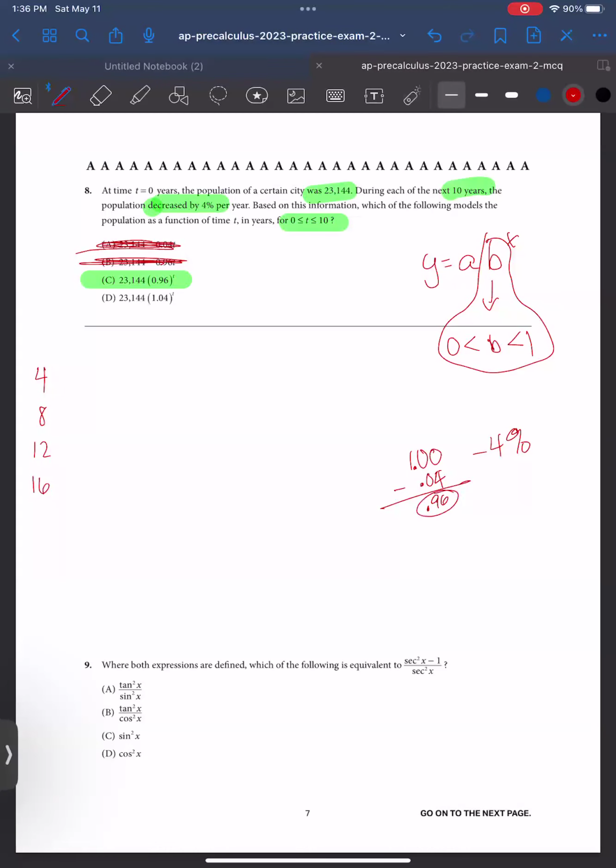So that's where the 0.96 comes from, versus the 1.04, which is for growth. For decay it's the 0.96, and for growth, your b needs to be greater than 1. Does that make sense, Isa? Yeah.